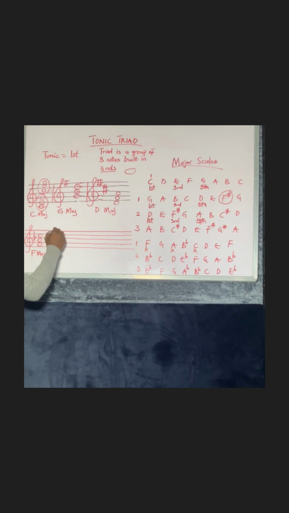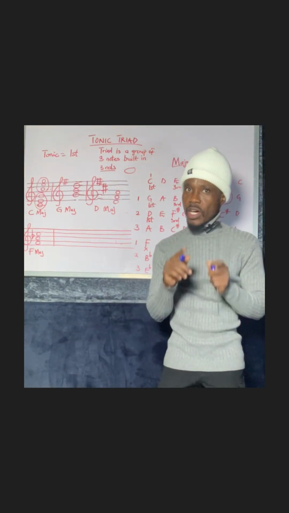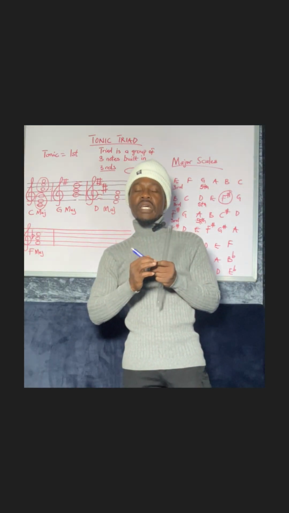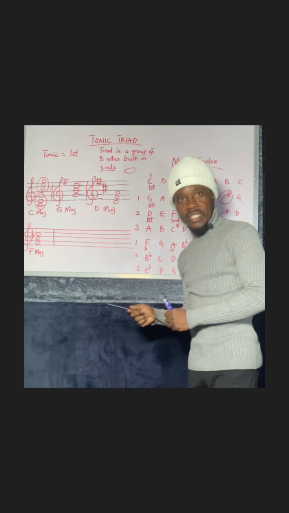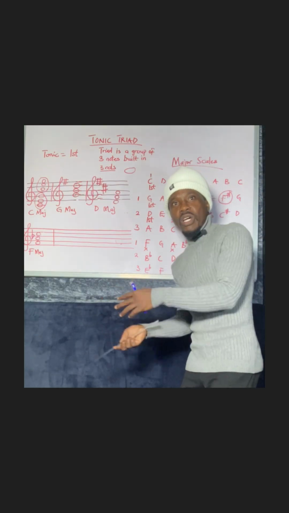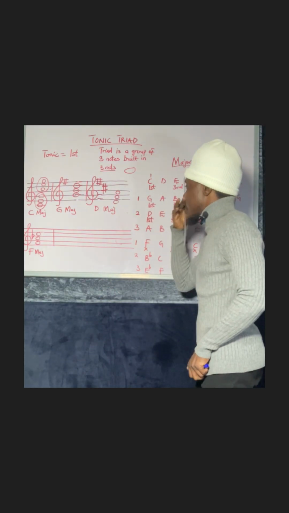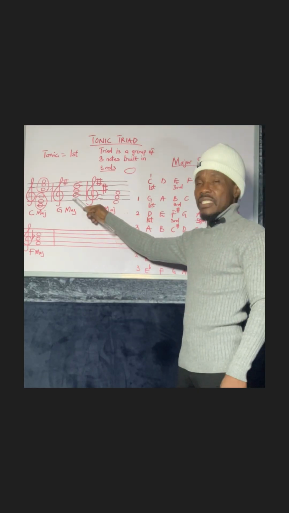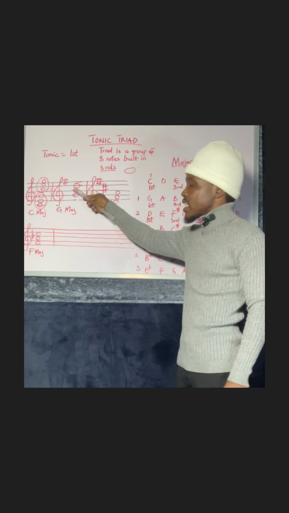And one thing about triads that you should understand when representing them on the staff: you can see the words tonic and root, I'm using them interchangeably. When the tonic of your triad is on a line, the other members will be on the next lines.